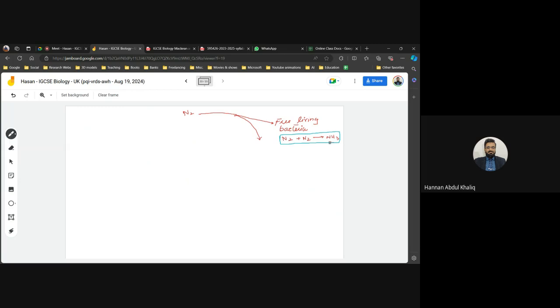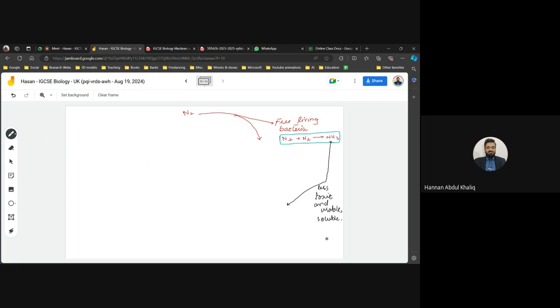Now, this ammonia needs to be converted into another, less toxic and usable form. Along with being usable, the form should be soluble.